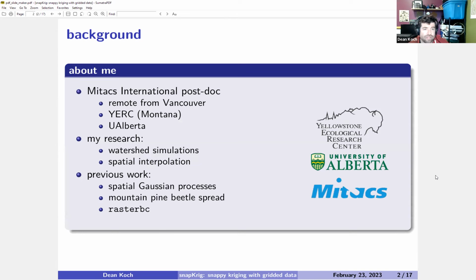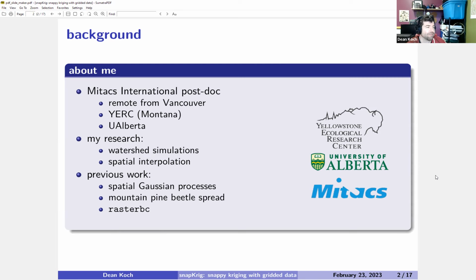And my current project, which is a MITACS international postdoc, is all about watershed dynamics and how we can use simulations to create forecasts of what the stream is going to do or what the river is going to do in the future by feeding weather forecast data into the model as input.